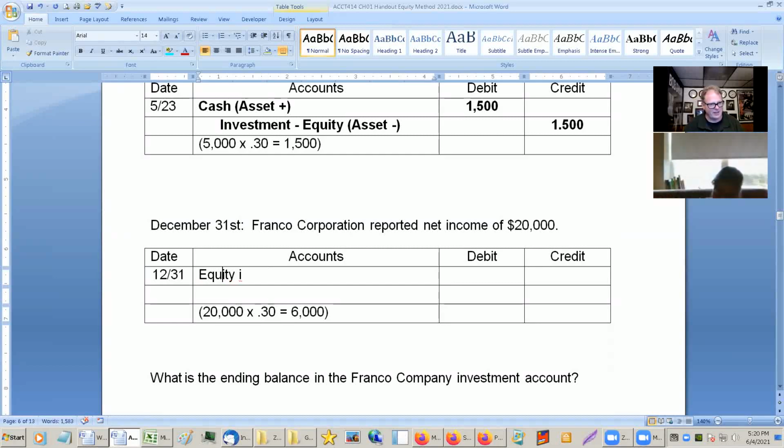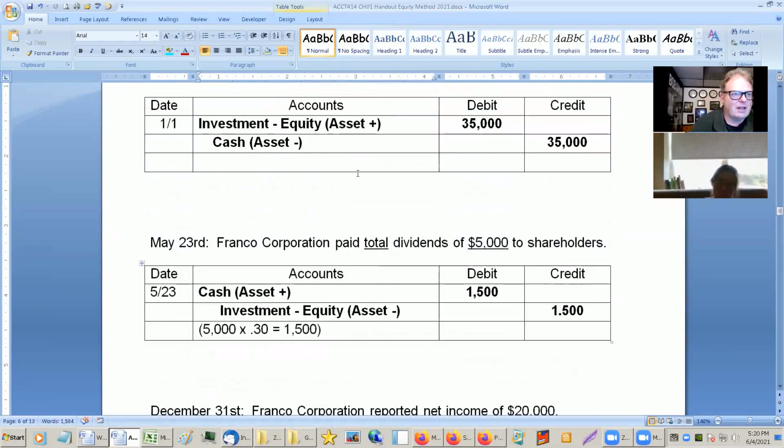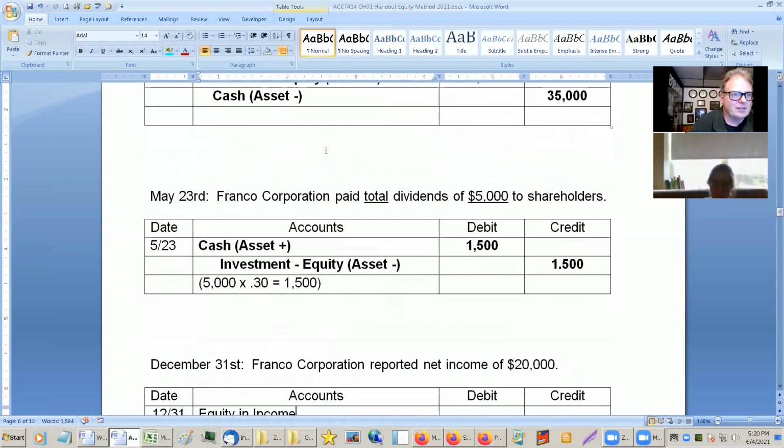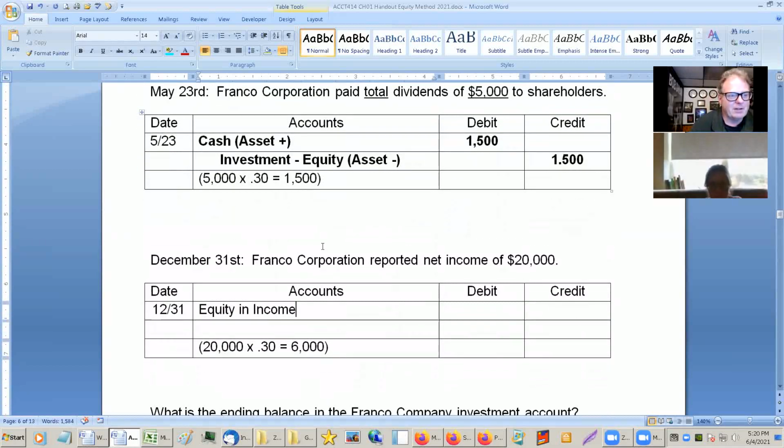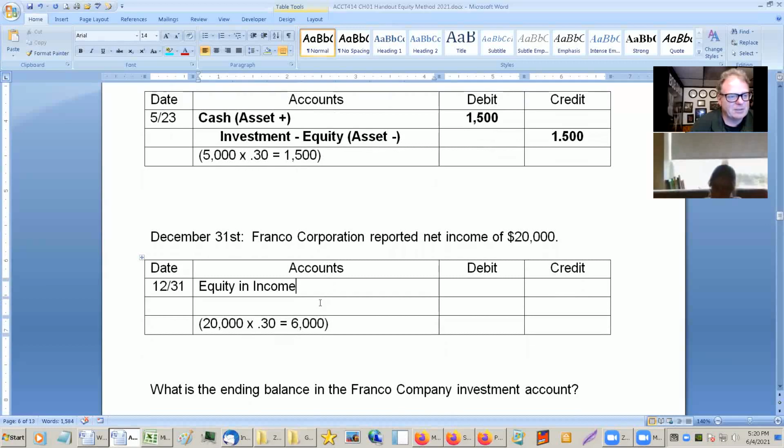Close enough. Equity in income. If you just put income or else, I would probably put it as an equity investment income or something. Whatever we put it in, this is the most important word there. And so that'll be 6,000.